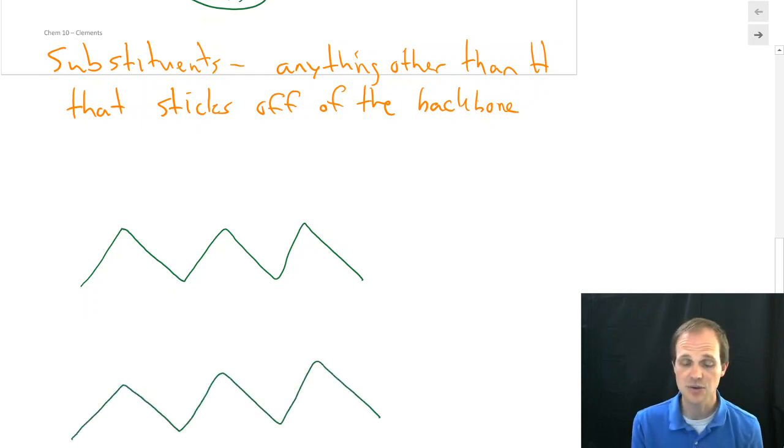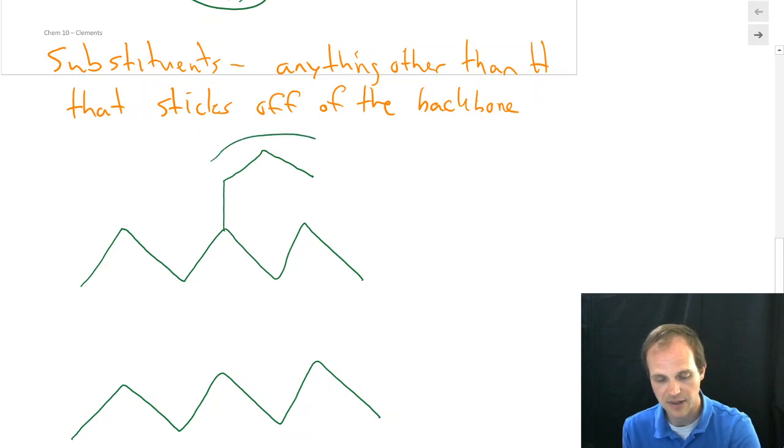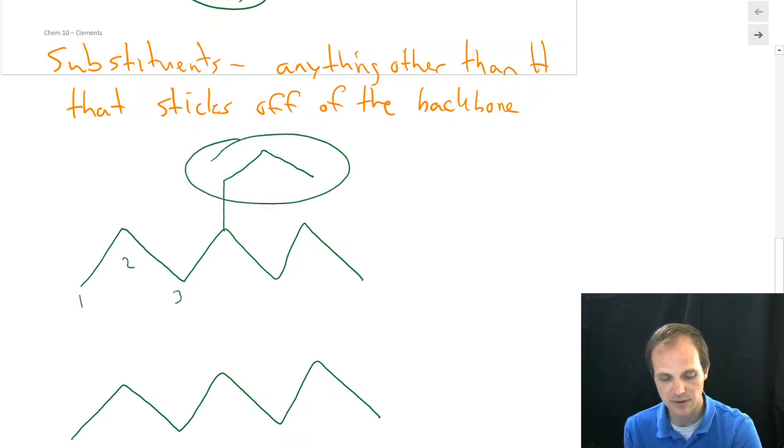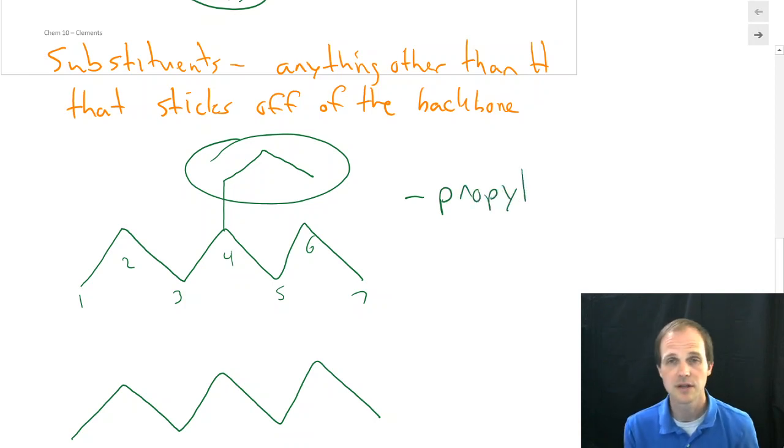So I've got 2 heptanes here. One, I'm going to draw 1, 2, 3. I've got 3 carbons sticking off my main backbone. 1, 2, 3, 4, 5, 6, 7. And so that would be a propyl group. So we've got a propyl group sticking off of our backbone there.